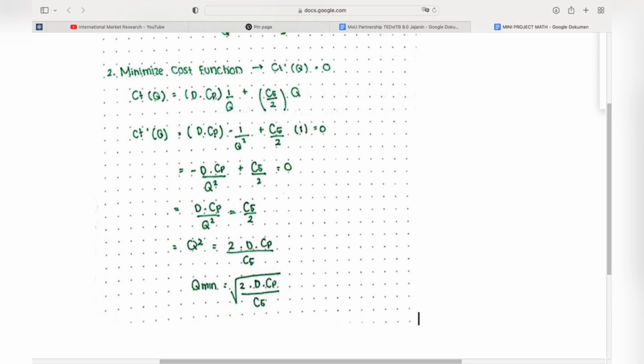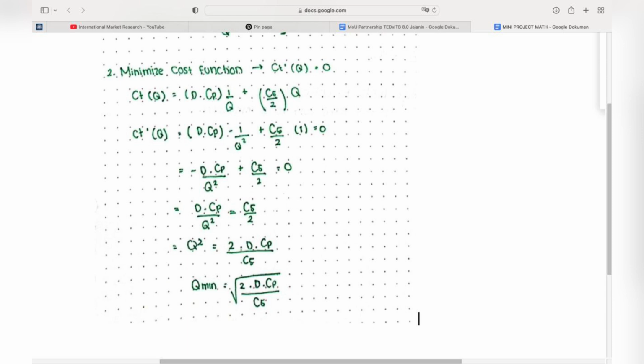Now let's solve for Q squared. In order to solve this, we multiply both sides by Q squared. That gives us Q squared equals 2 times D times CP divided by CS. Now we only need to solve for Q, so let's take out the square from the Q and move it to the other side, which gives a square root.